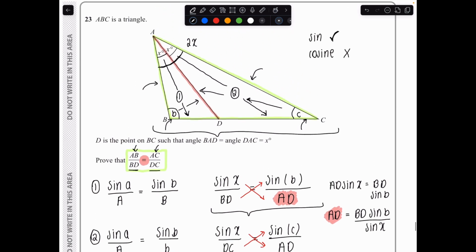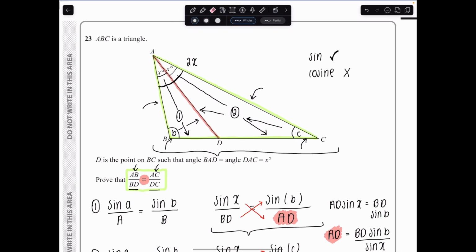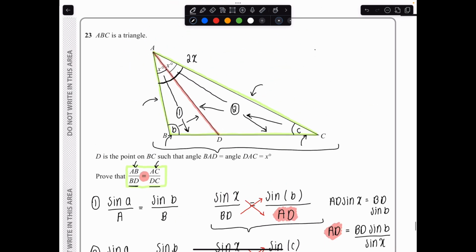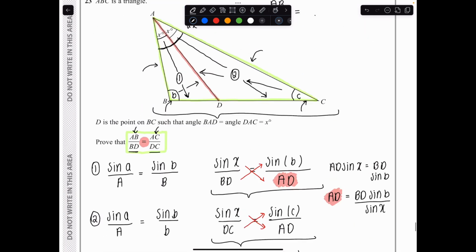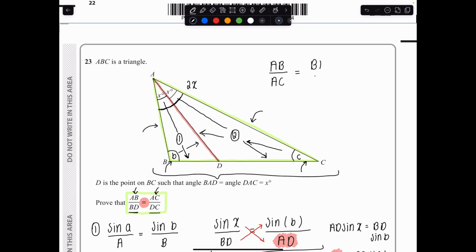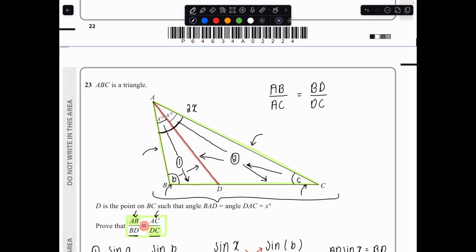So let's go back up to the top here and rewrite what we found out. So we found out that AB over AC is equal to BD over DC. What we can do here is that we can times both sides by AC, which would get us AB is equal to BD times by AC over DC.